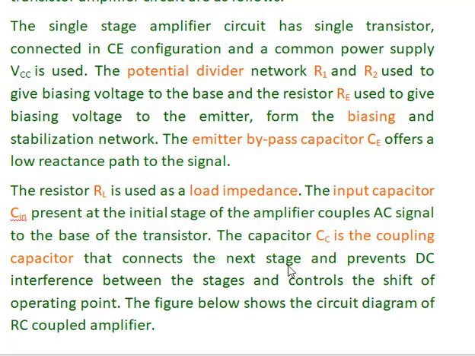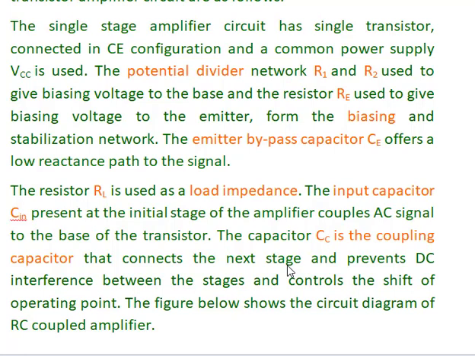This coupling capacitor couples the first single stage to the next stage, a similar transistor amplifier. So it is used to couple the first stage of the amplifier to the second stage of the amplifier. It also prevents the DC interference between the stages and controls the shift in operating point.